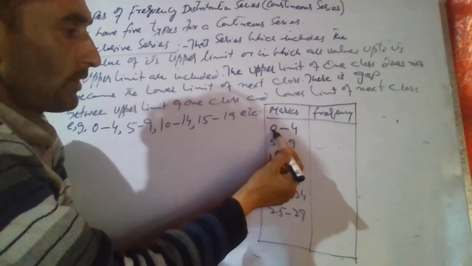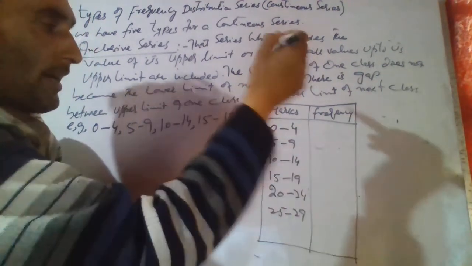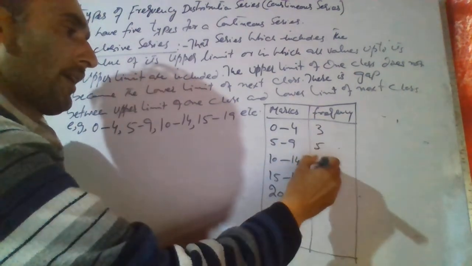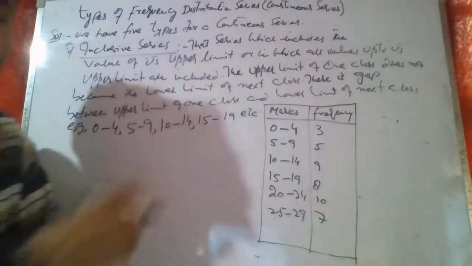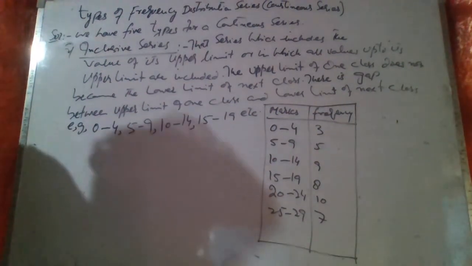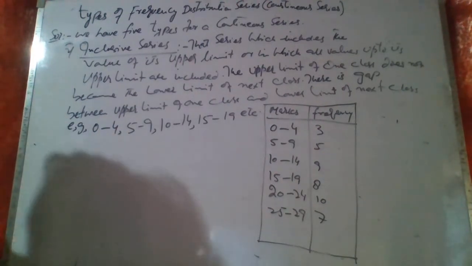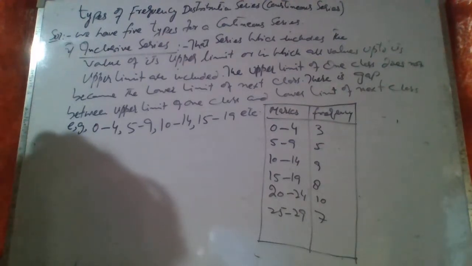This is all values from 0 to 4, then 5 to 9. For example, frequency is like this: 3, 5, 9, 8, 10, 7. So this is the form of an inclusive series, which is also a continuous series.